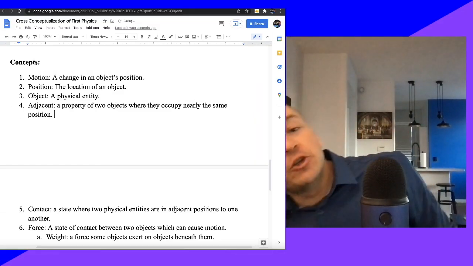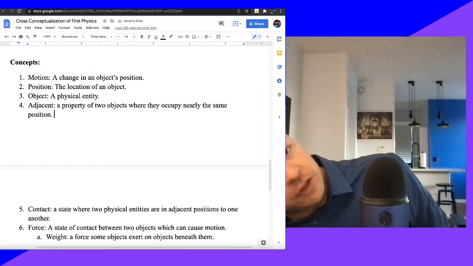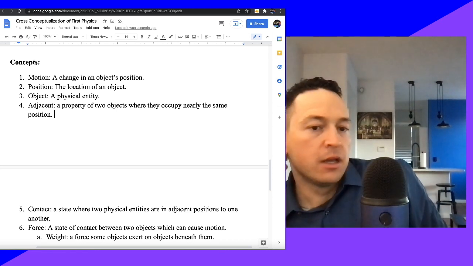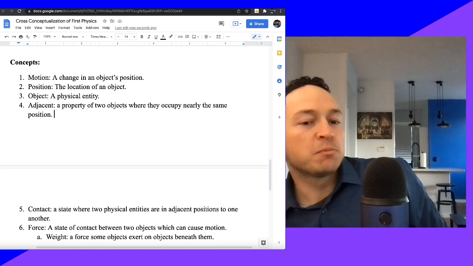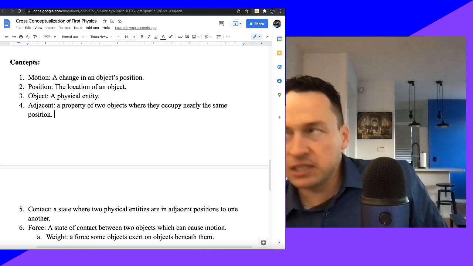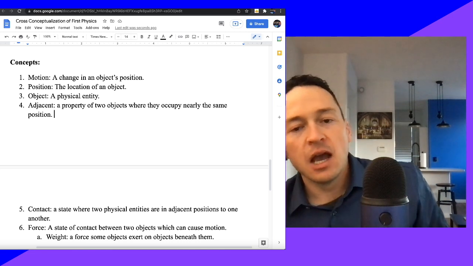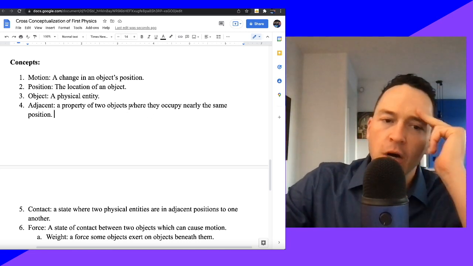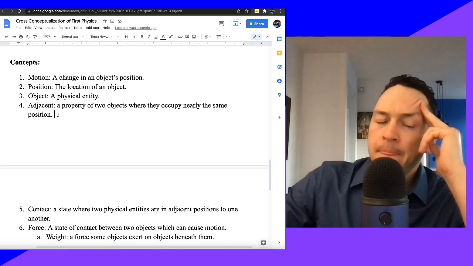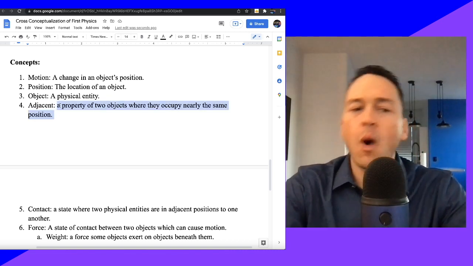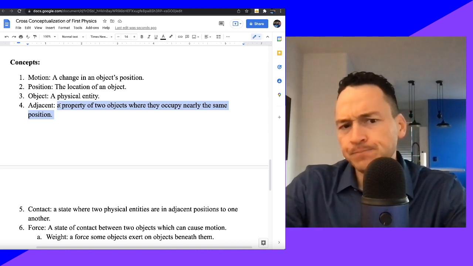Adjacent. A property of two objects where they occupy nearly the same position. Okay? So at this point, nearly the same position. That is not very helpful, right? So why is that not helpful?